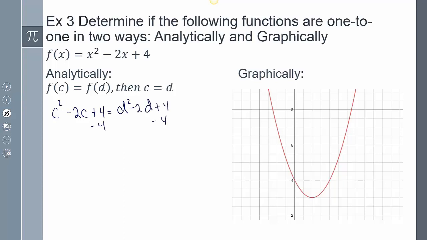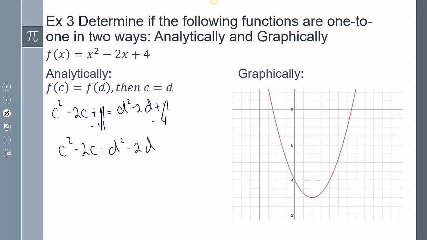Okay, well I can subtract the 4's on both sides, but now I get c squared minus 2c equals d squared minus 2d. How would I simplify this further algebraically? And the answer is there's no easy solution. So sometimes trying to figure this out analytically, it does fail us.